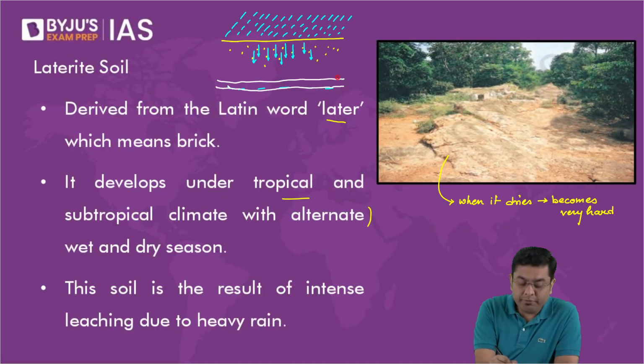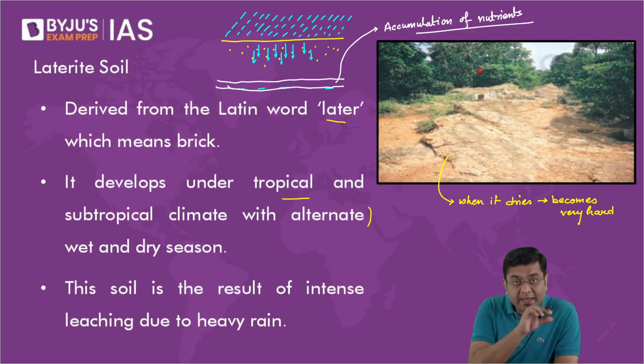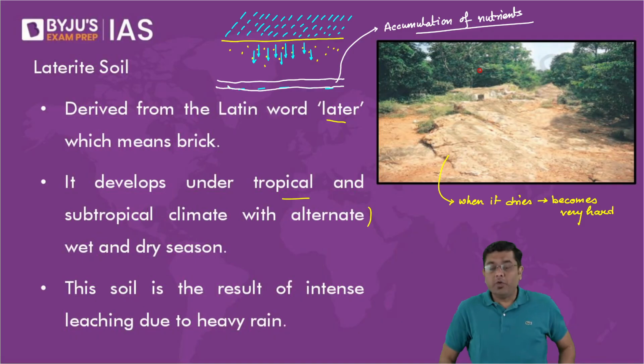So accumulation of nutrients. That does happen. So all that available nutrients gets accumulated in the lower soil horizon.